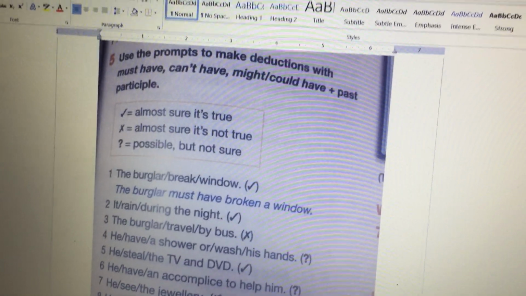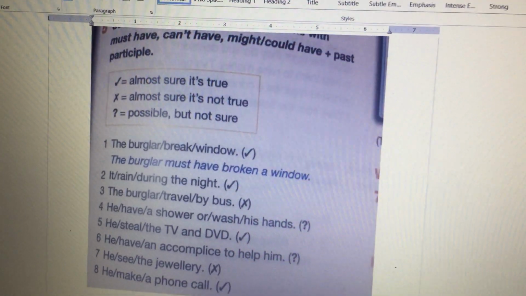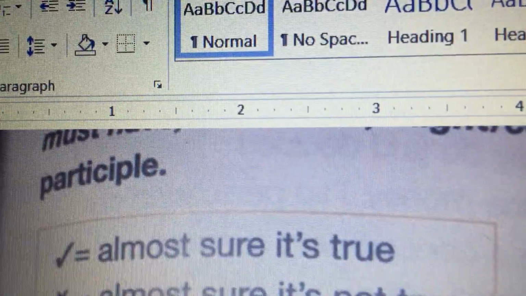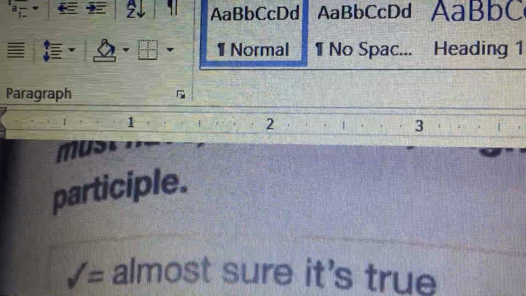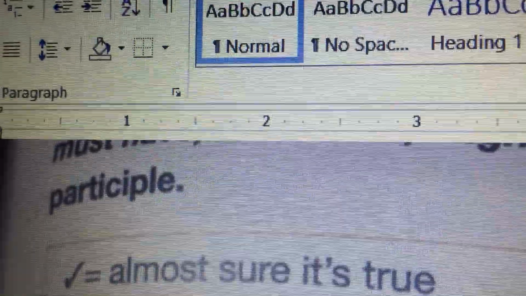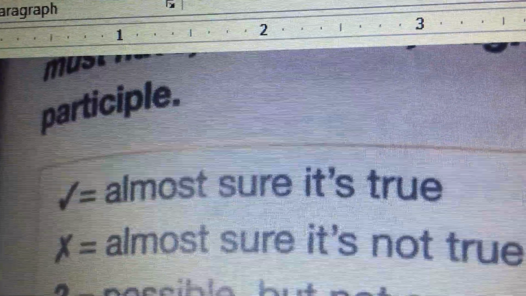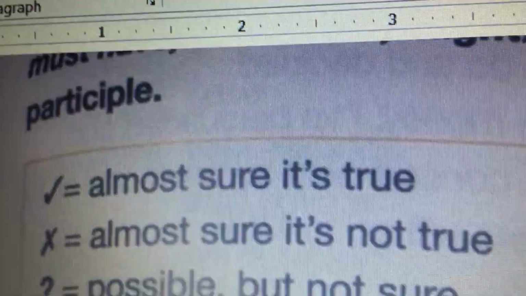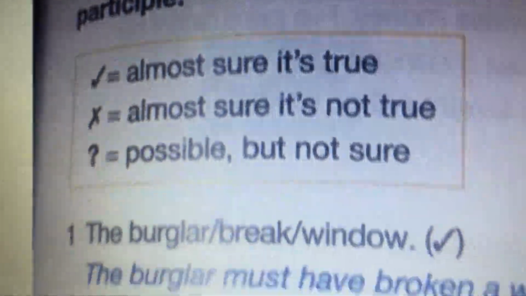In our books, we have practice number 5. Here we have a tick, almost sure it's true. When there is a tick, we use must have plus past participle. When there is an X, almost sure it's not true, we use can't have plus past participle.